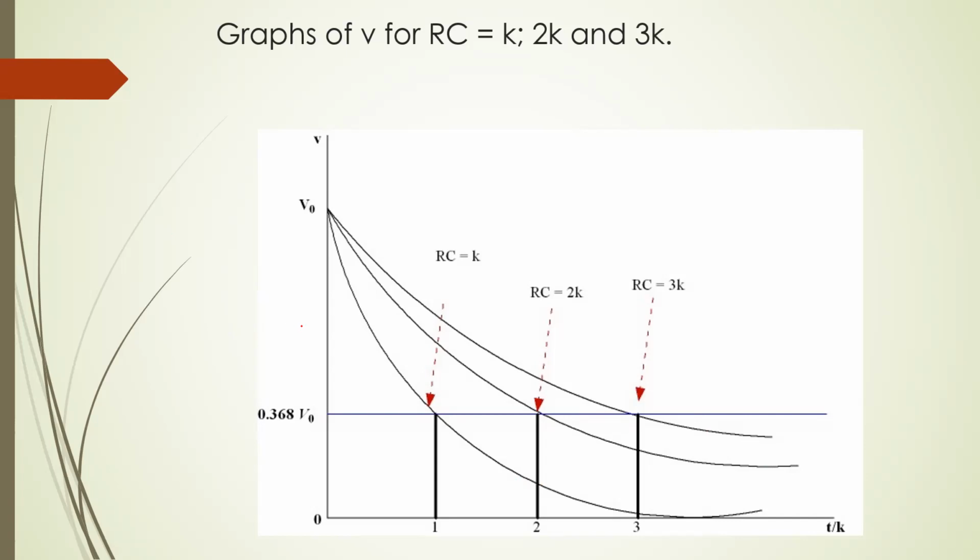Okay, so what we have here, we're showing 3 decay curves. We're showing it for RC equal K, RC equal 2K, RC equal 3K. And we have here a value of 0.368 V0, V0 of course being the initial value.